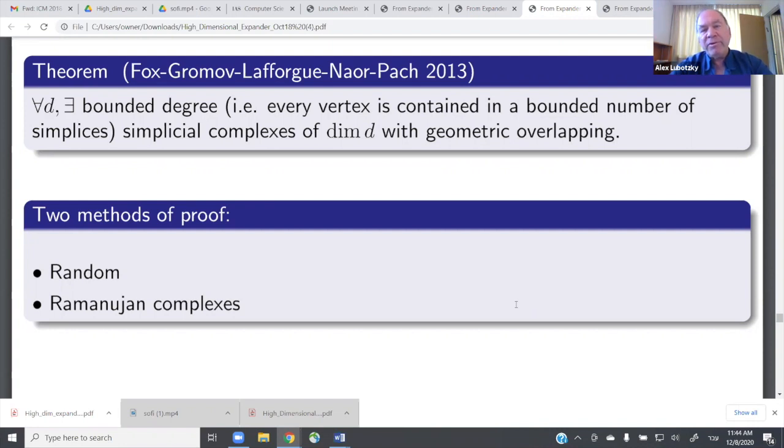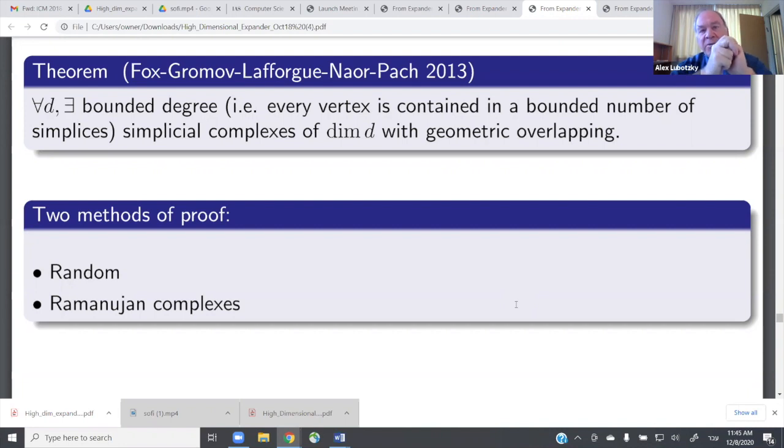You do it some fixed number of times, k times, and you get a random 2-dimensional complex of bounded degree. And they prove that these bounded degree complexes are geometric expanders.